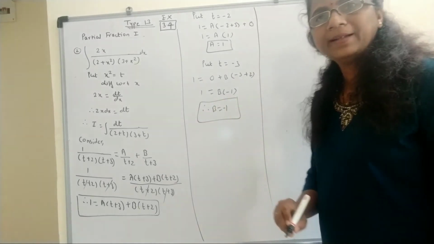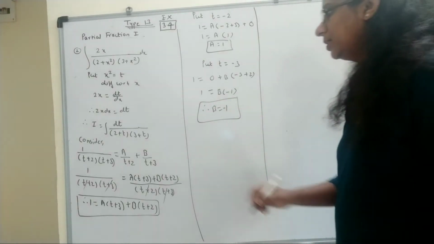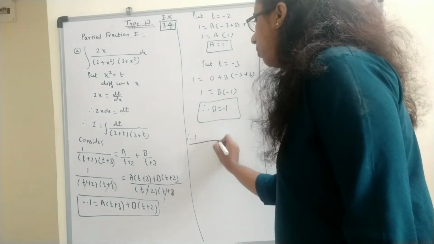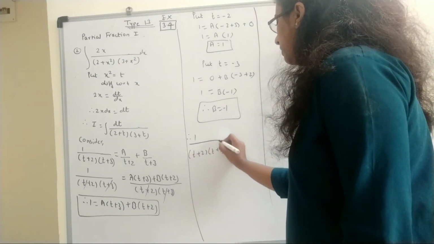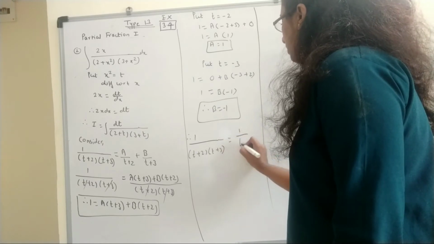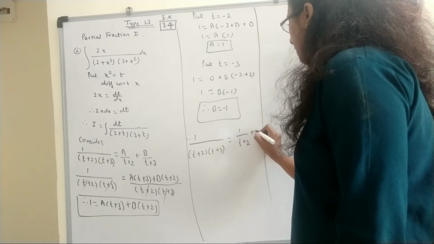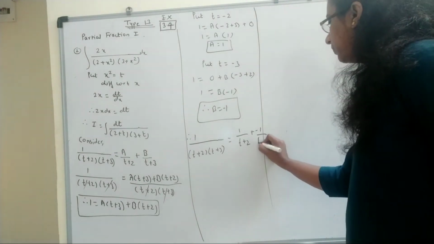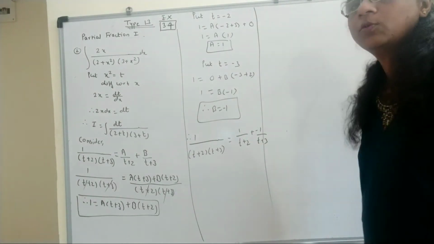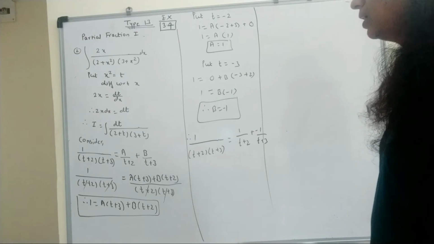Now after finding out the a and b values, this integrand 1 upon t plus 2 into t plus 3 is written as a upon the first factor, plus b upon the second factor, where b is minus 1. And now we'll find out the integration value for this.